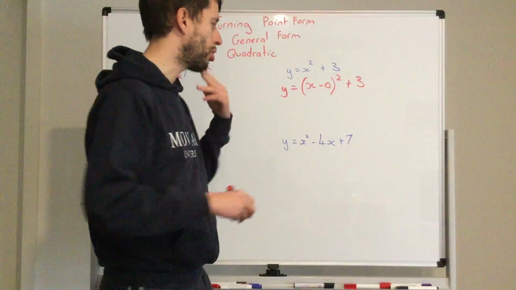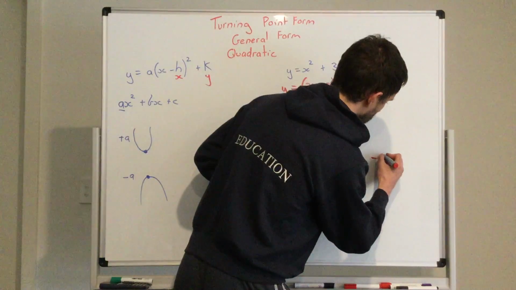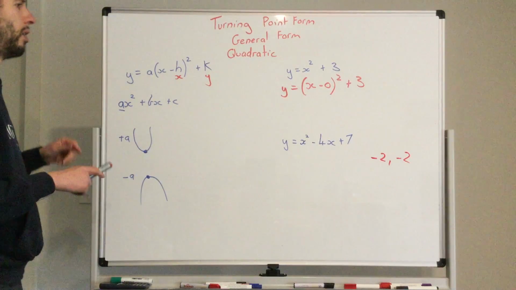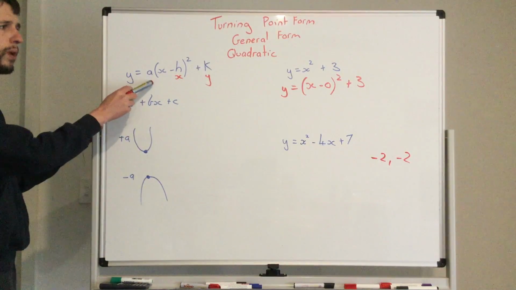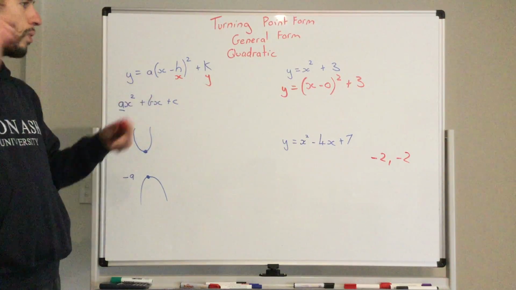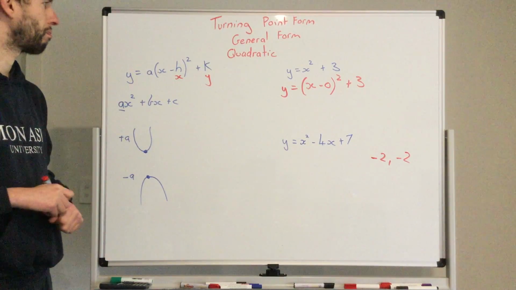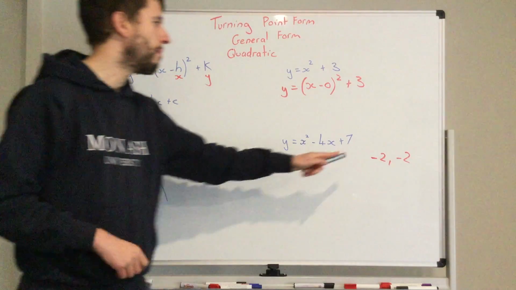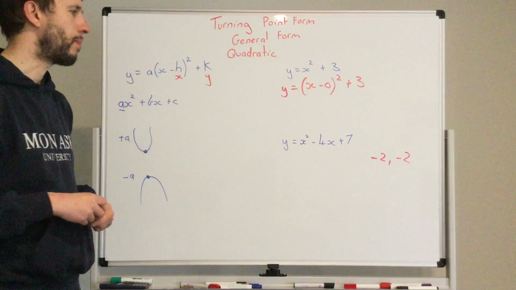Negative 2 and negative 2. The reason why I want you to think about that is because that assists us with this part here to get it into this, because we want it squared. So squared means both numbers need to be the same.